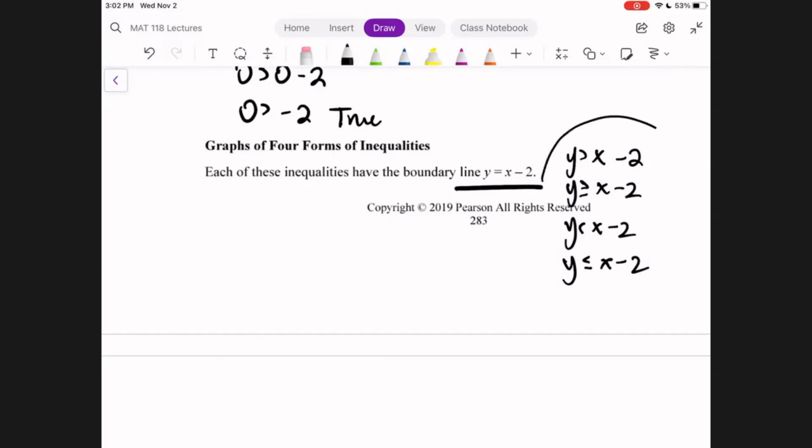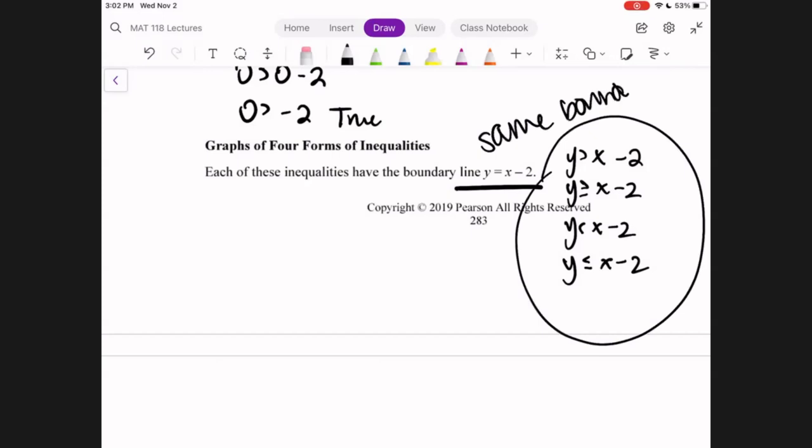All these will have the same boundary line. These would be dashed, right? These would be solid. And then where you shade, right? Since it's in slope-intercept form, you would shade below. And then for these, you would shade above, okay?